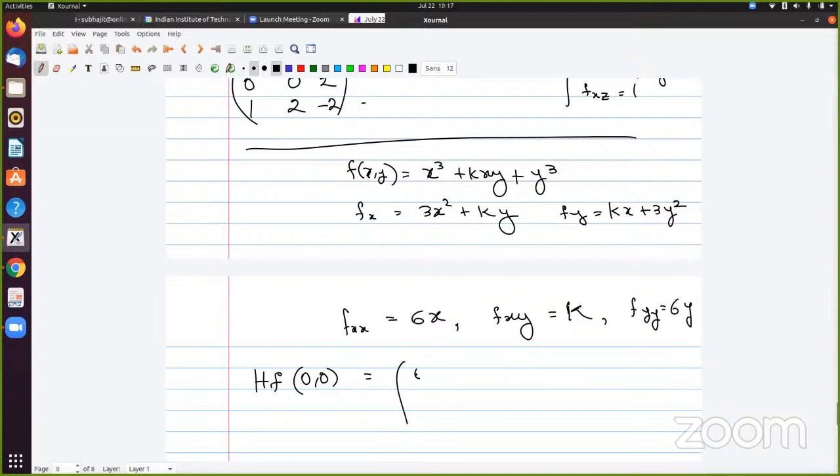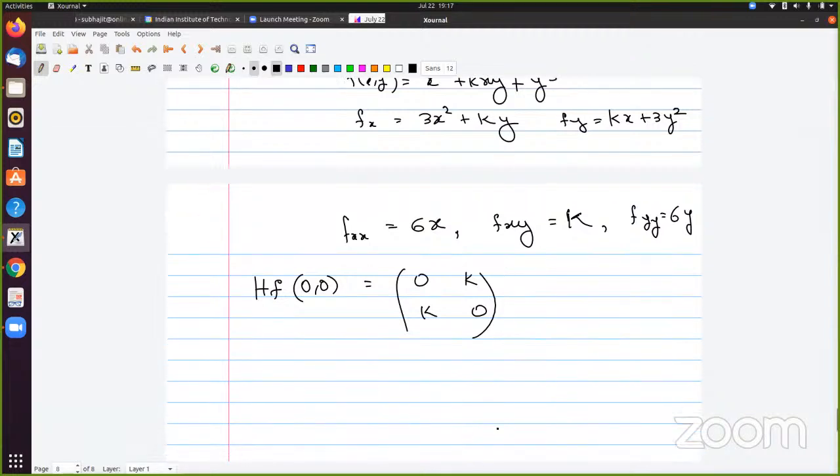So the Hessian matrix at 0 comma 0, the point given, is 0, k, k, 0. The test is inconclusive when the determinant of this matrix is 0. The determinant is minus k square, and when it is 0, k is 0.